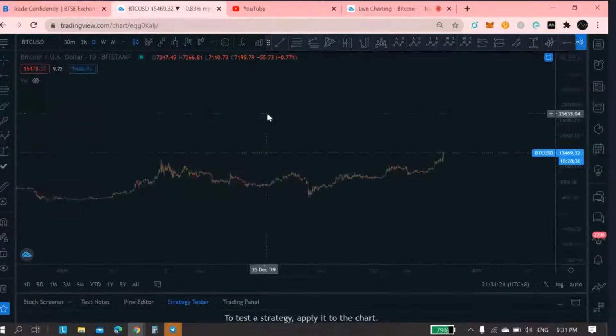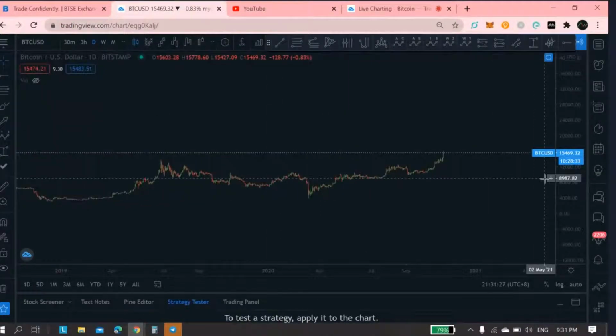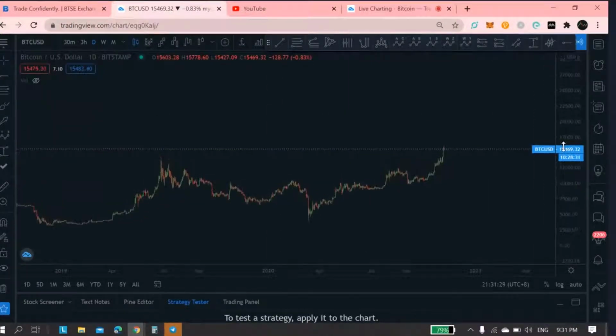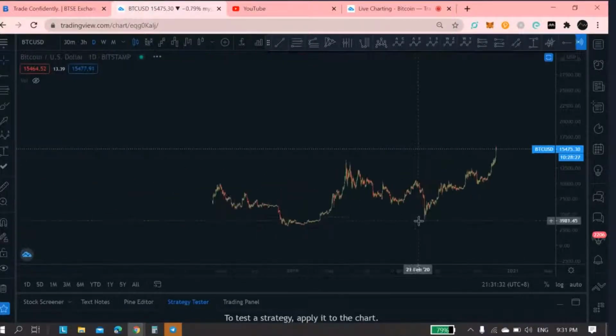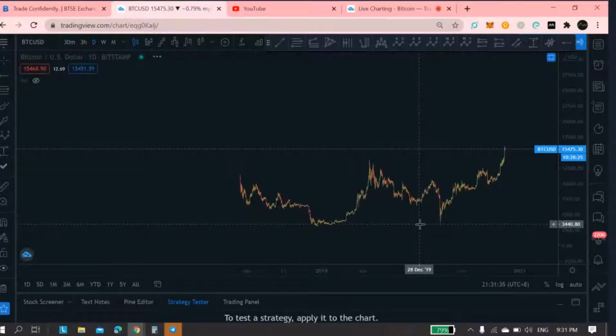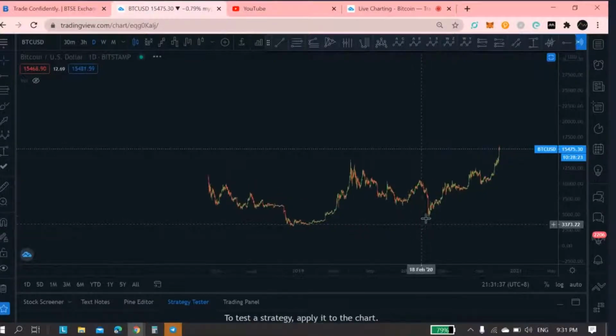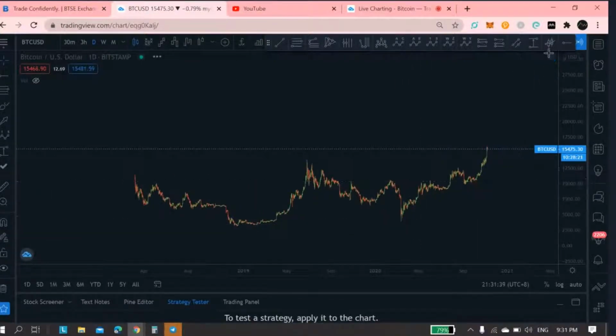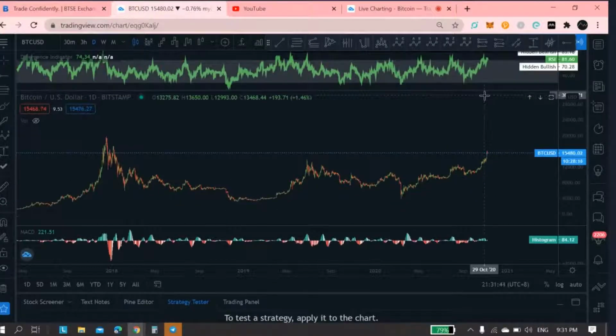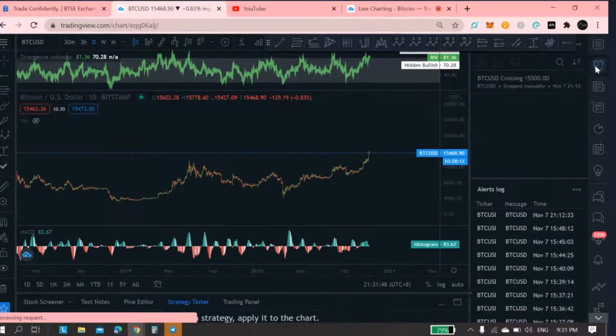But recently I used the Renko chart. I started using it this year, September 2020. So we'll just wait for it to load. Currently for Bitcoin, I have no position at the moment. Actually, I'm waiting for a breakout.